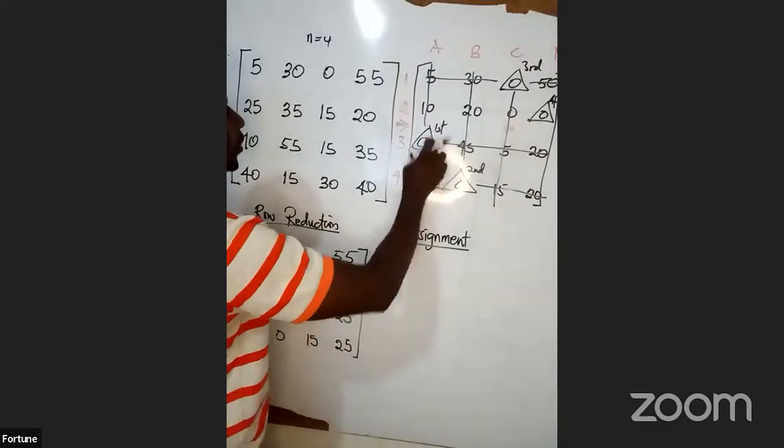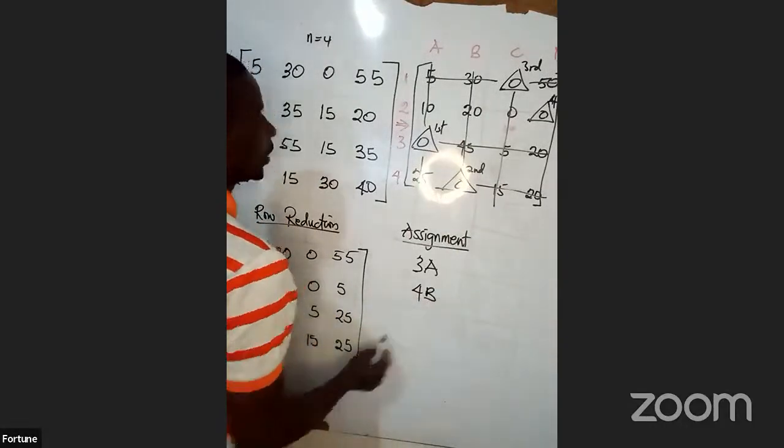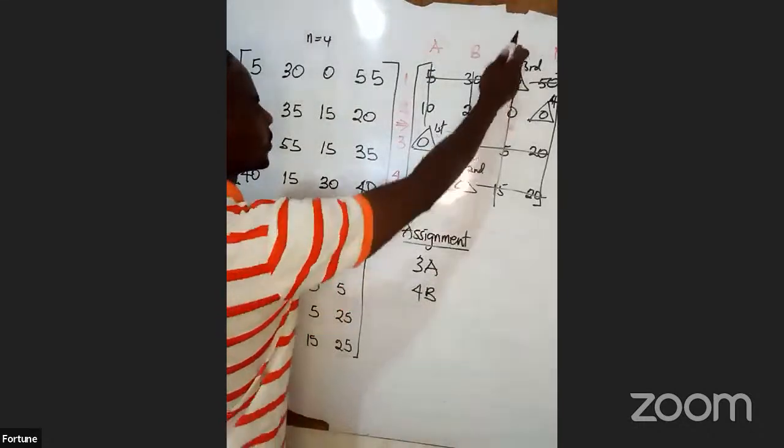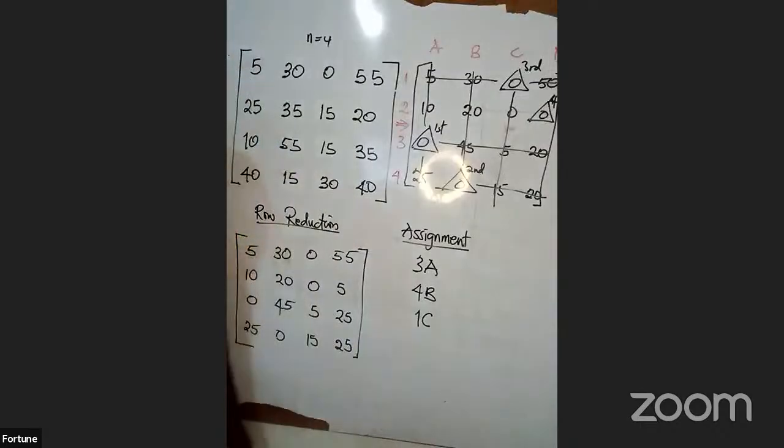Assignment, we have 3A. Second is 4B. Third is 1C. And the fourth is 2D.